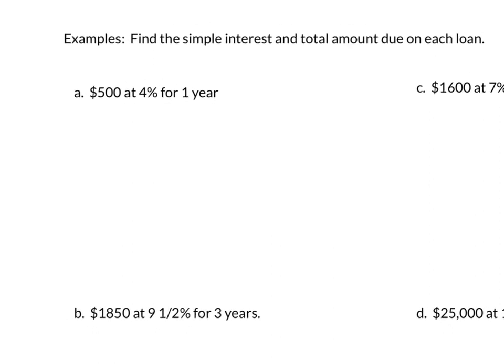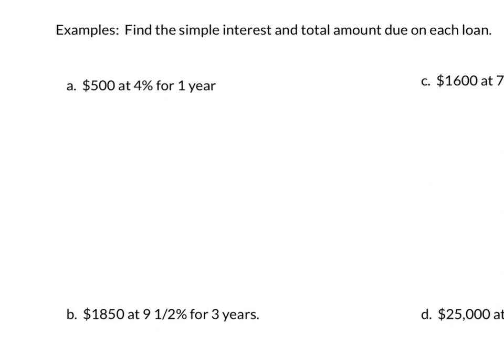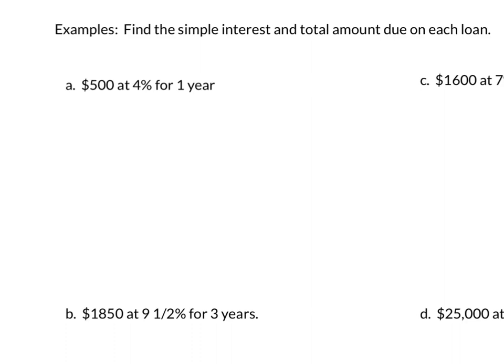We want to find the simple interest and the total amount due on the loan. So let's go ahead and write out our formula again. We have I equals P R T. All right, if we plug in, our principal is the amount that we are investing, so that is 500. R is 4%.